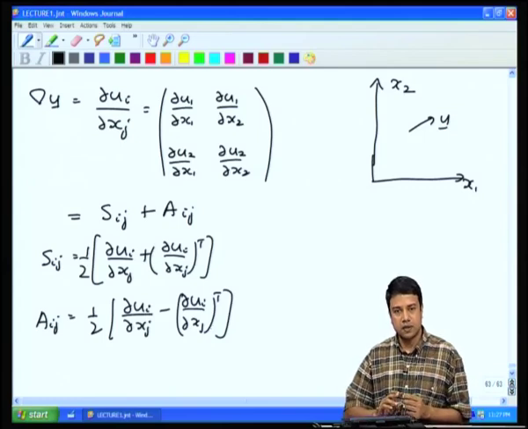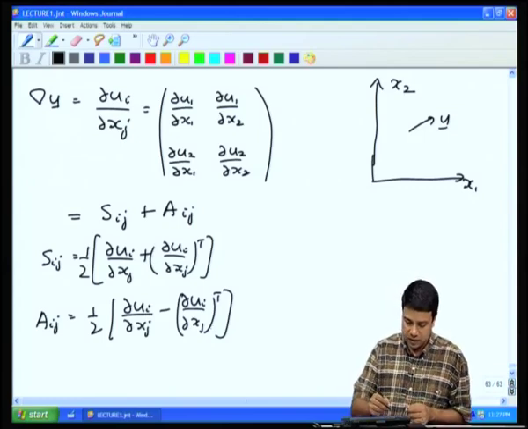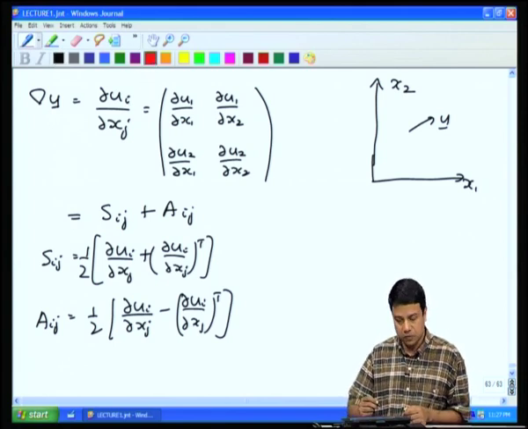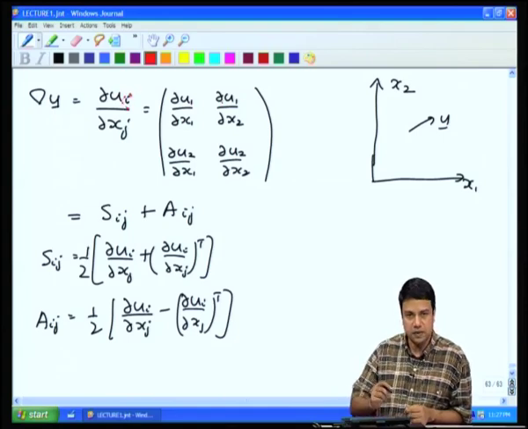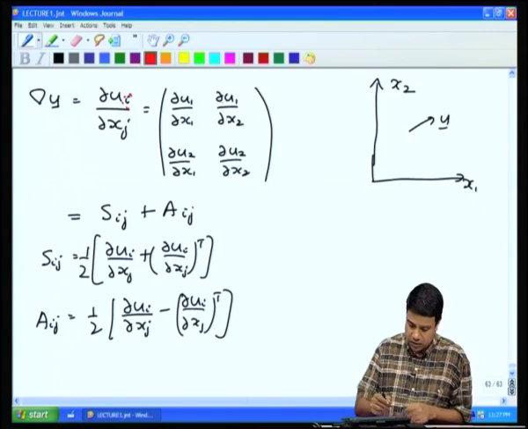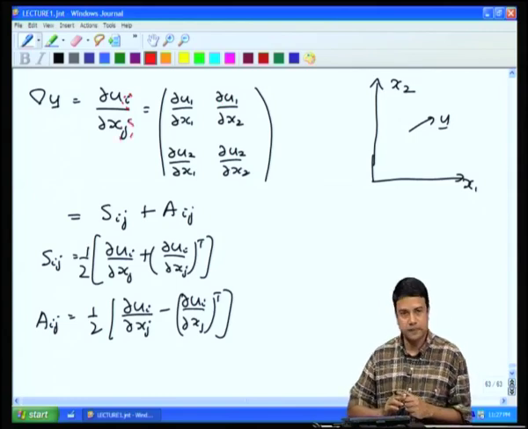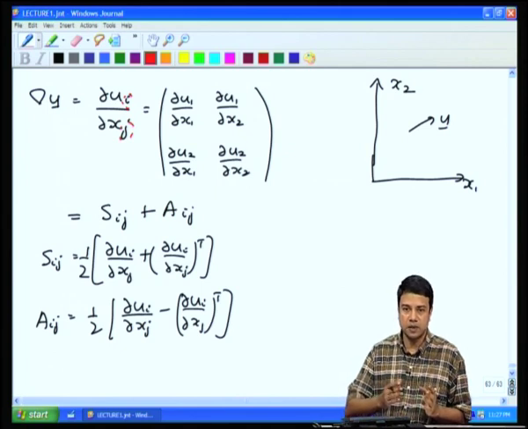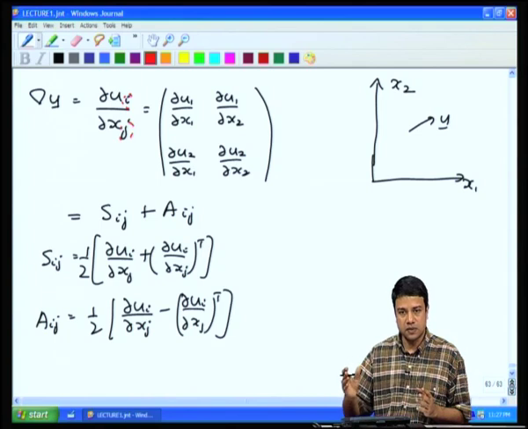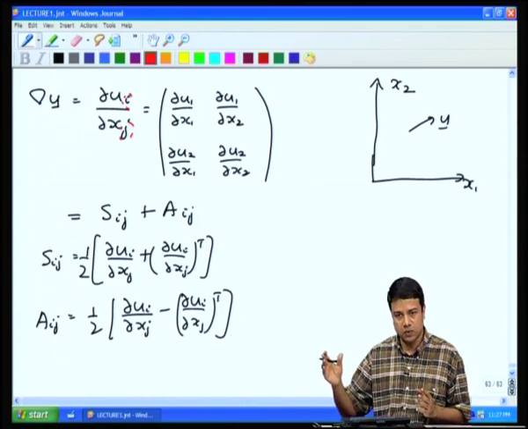What does it mean to take the transpose? In this matrix I was representing the row indices, i is 1 is the first row and 2 is the second row, j represents the column index. When you take the transpose, you interchange the row and the column indices. So, in the transpose of the matrix, if the original matrix had an element m 1 2, in the transpose that element would go into the location m 2 1.